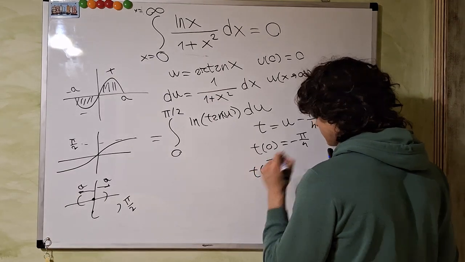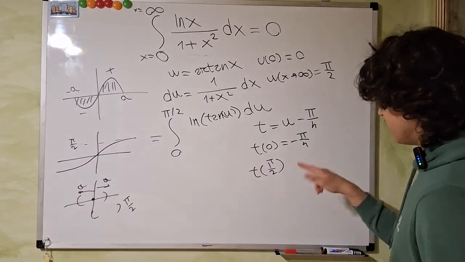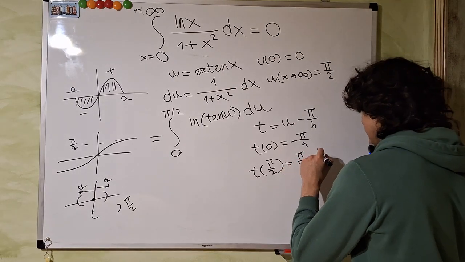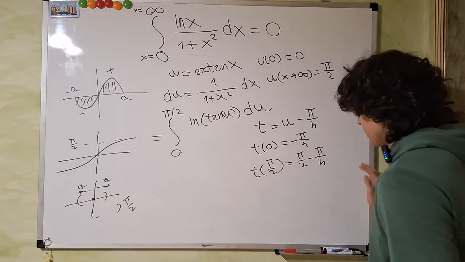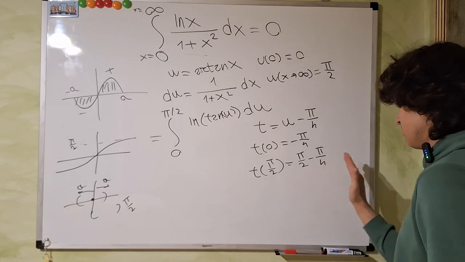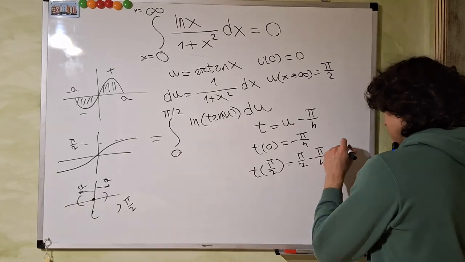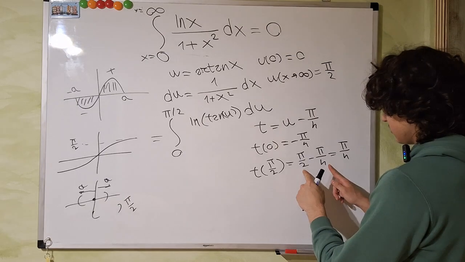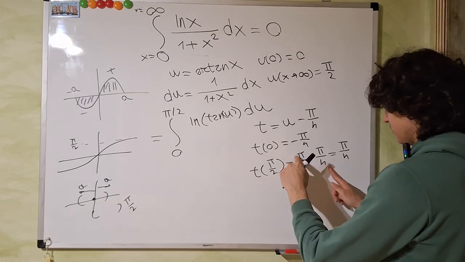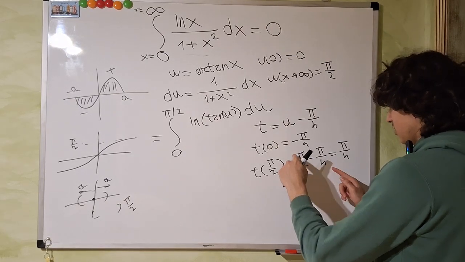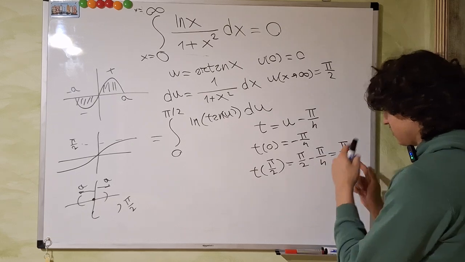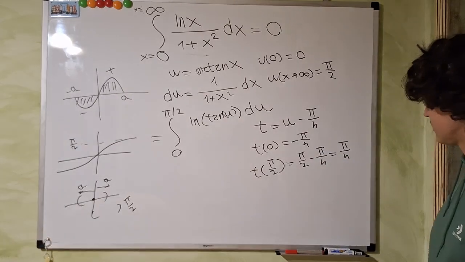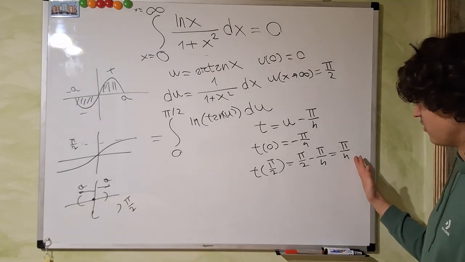Well, let's find out. t of pi over 2 is pi over 2 minus pi over 4. But pi over 2 minus pi over 4 is pi over 4, because 2 minus 1 is 1, just a simple subtraction of two fractions. And we have pi over 4.